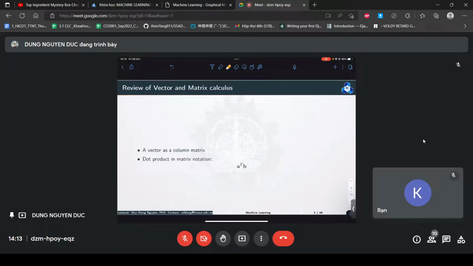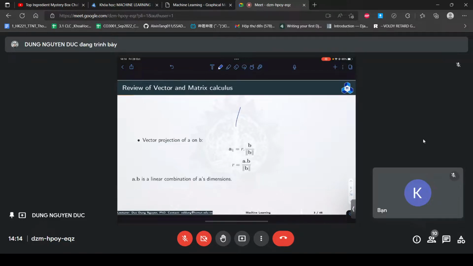The dot product between one vector and another vector is also the product of the transpose of vector A multiplied with B. That's normal. You have a projection of a vector A onto vector B, for example.